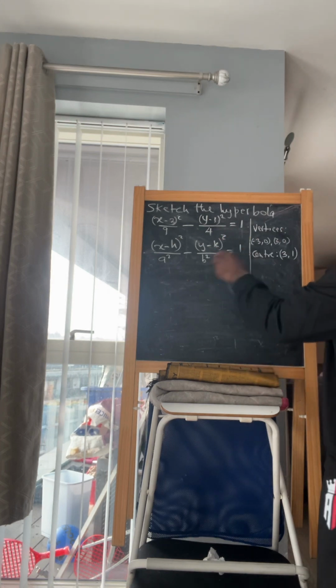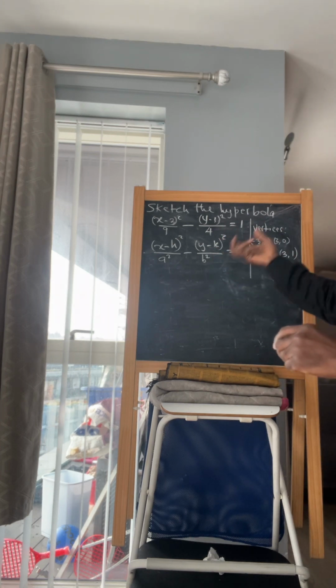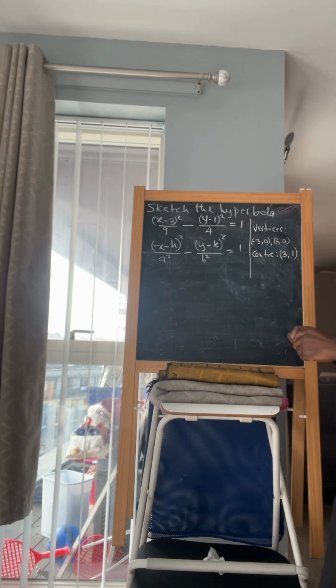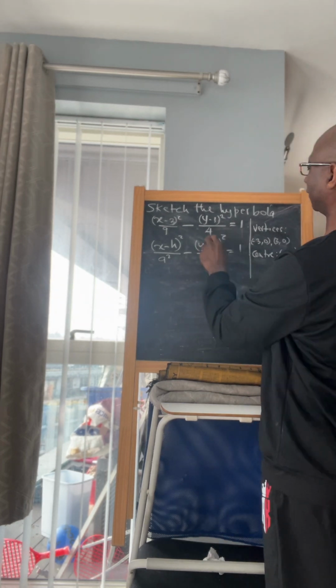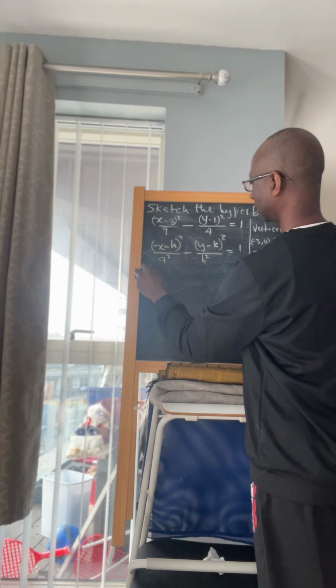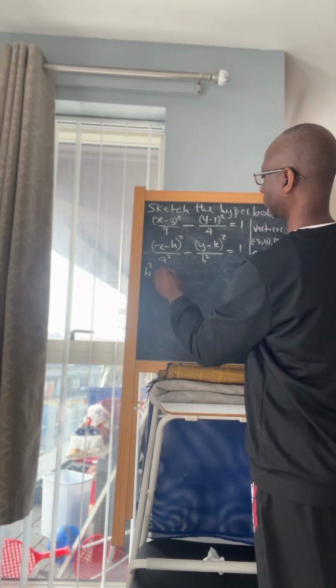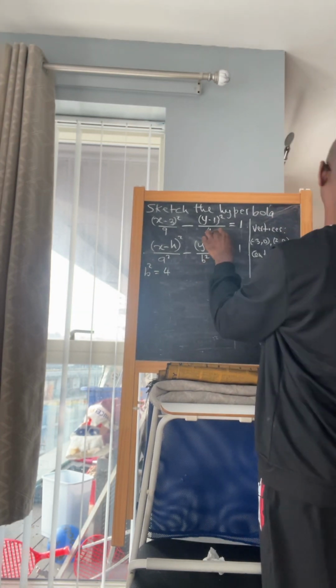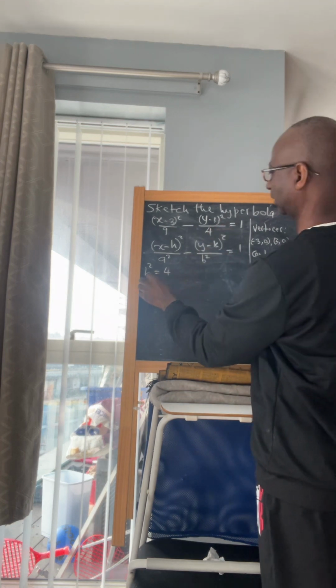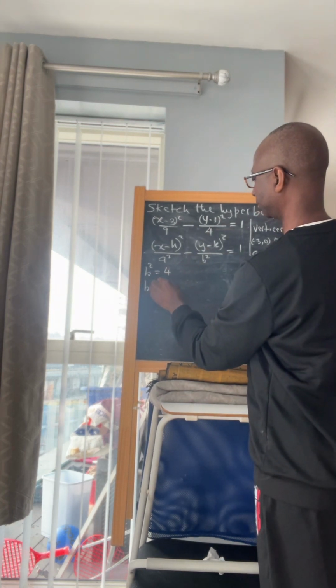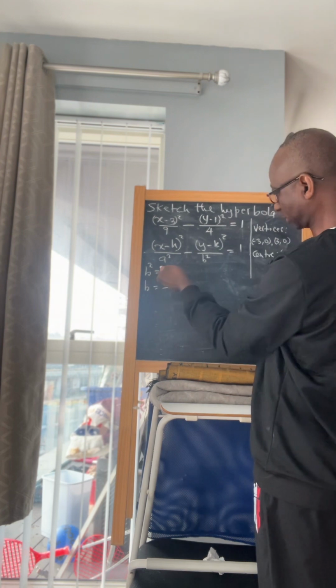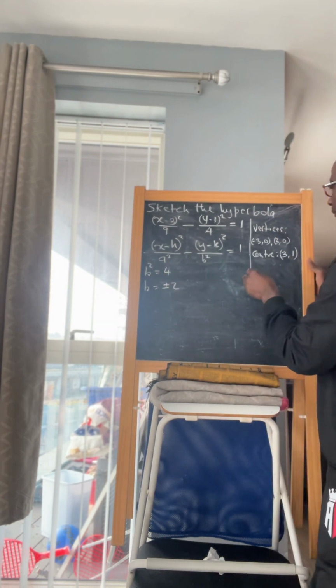And what is b? b is related to the conjugate vertices. Here we have b squared equals 4. Therefore b is plus or minus 2. We find the square root of 4 is plus or minus 2.